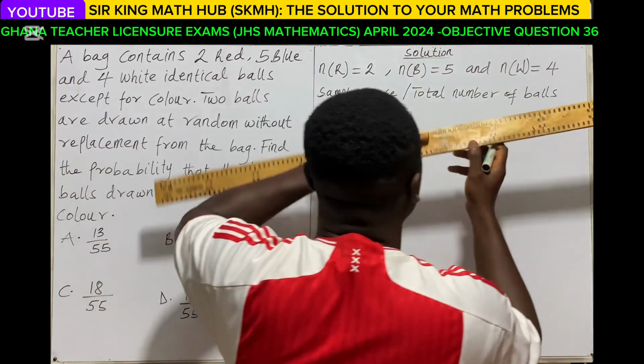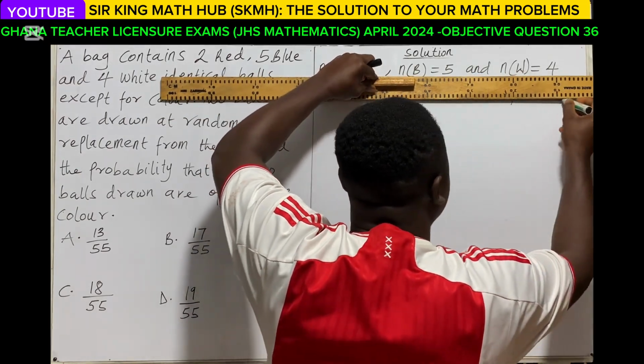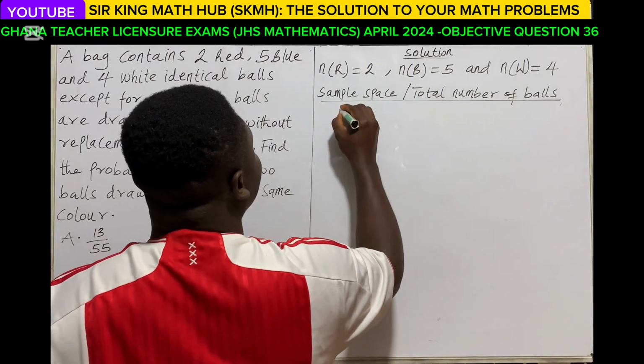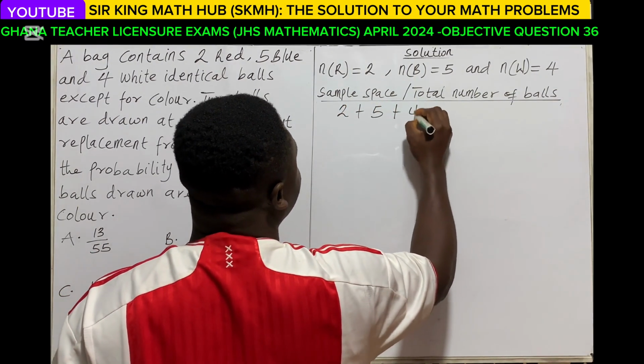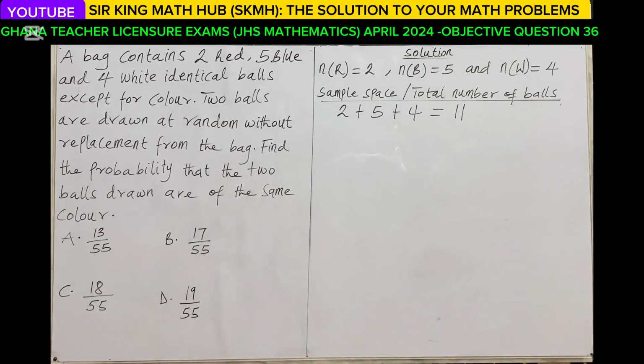So let's quickly calculate the sample space. For the red balls, we have 2. For the blue balls, we have 5. And for the white balls, we have 4. And this will give us a sum of 11. So that is the sample space.